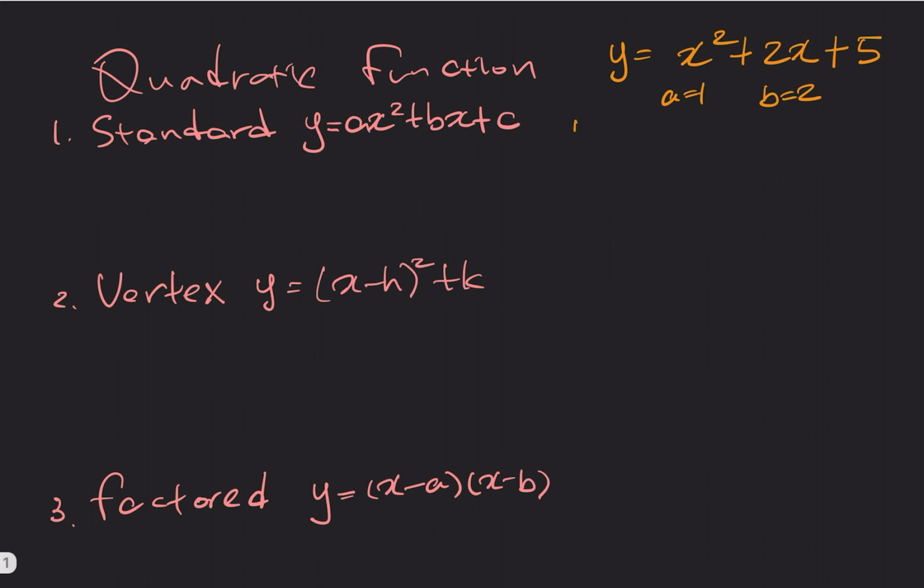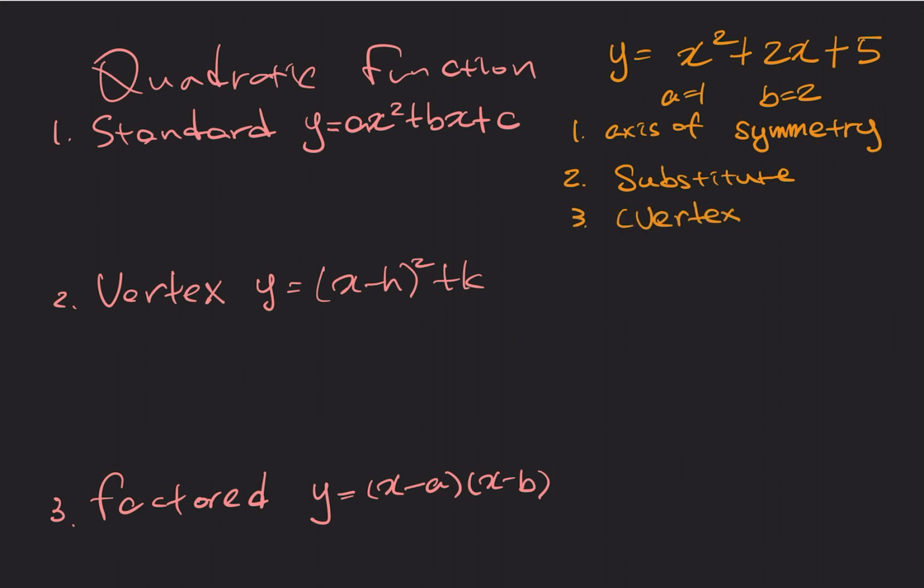So number one, we're going to get the axis of symmetry, and then you substitute, and then you get the vertex.